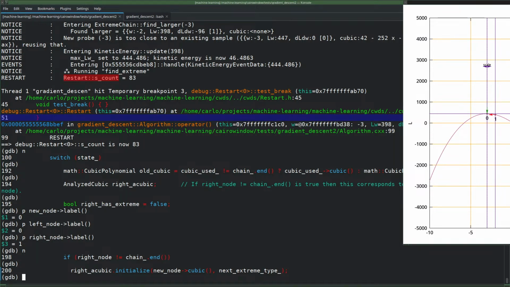There is no right. There should be no right node. There's no right cubic, let's put it that way. There's no cubic here.